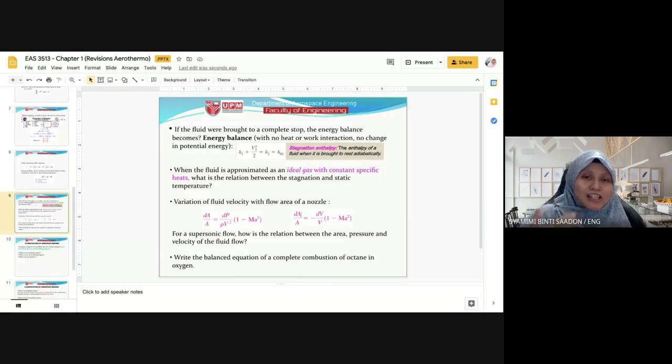So in high speed gas flow, we cannot neglect or cut out the kinetic energy part, because the fluid is at high speed, so the velocity cannot be left out. But we can cut the potential energy, because normally we assume the fluid flow at high speed is at the same altitude, so there's no potential energy.